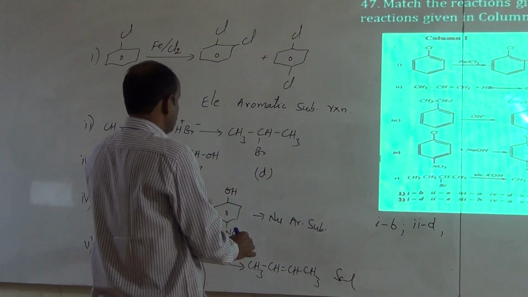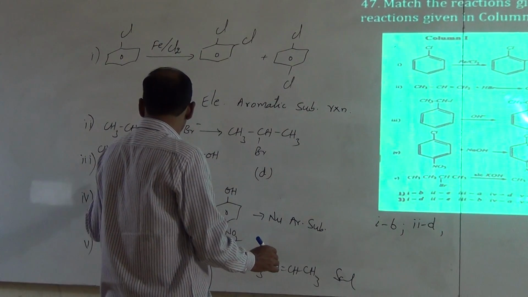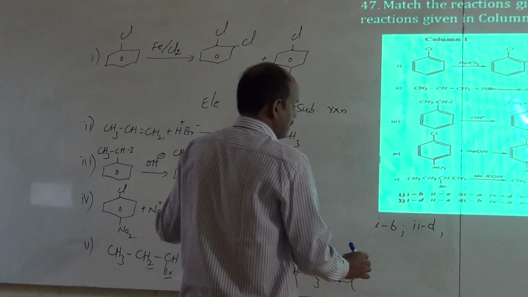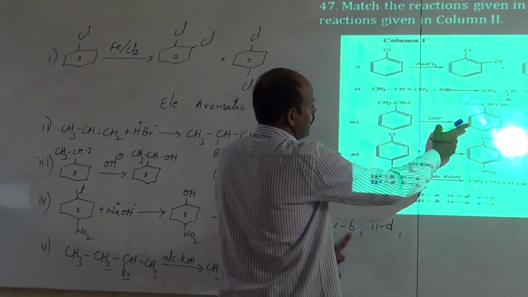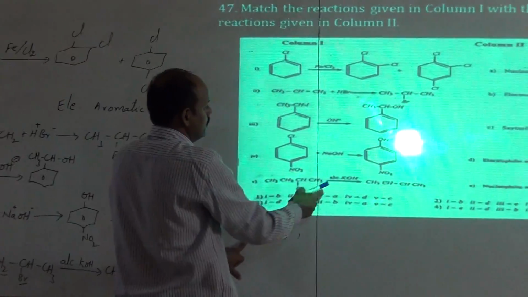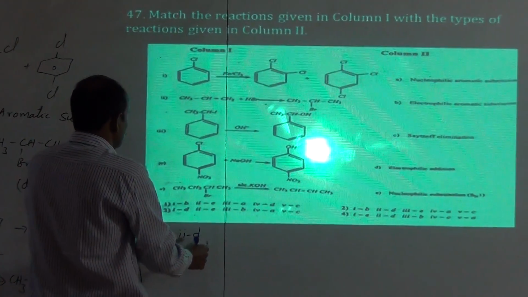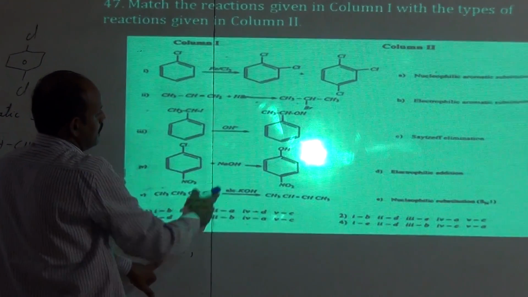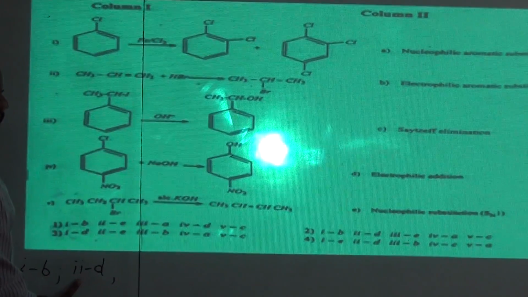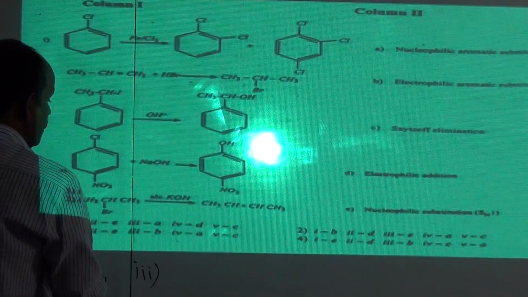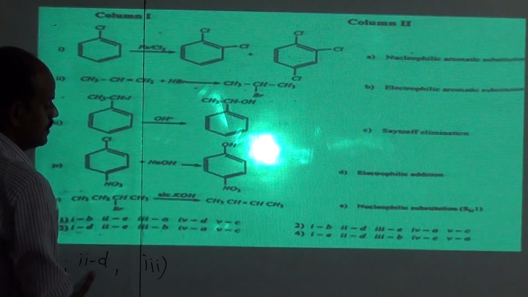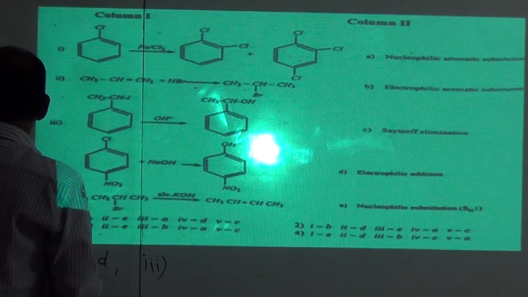And thus here the first one is B, that is electrophilic aromatic substitution. Second one is the electrophilic addition reaction, and third one is nucleophilic substitution reaction.